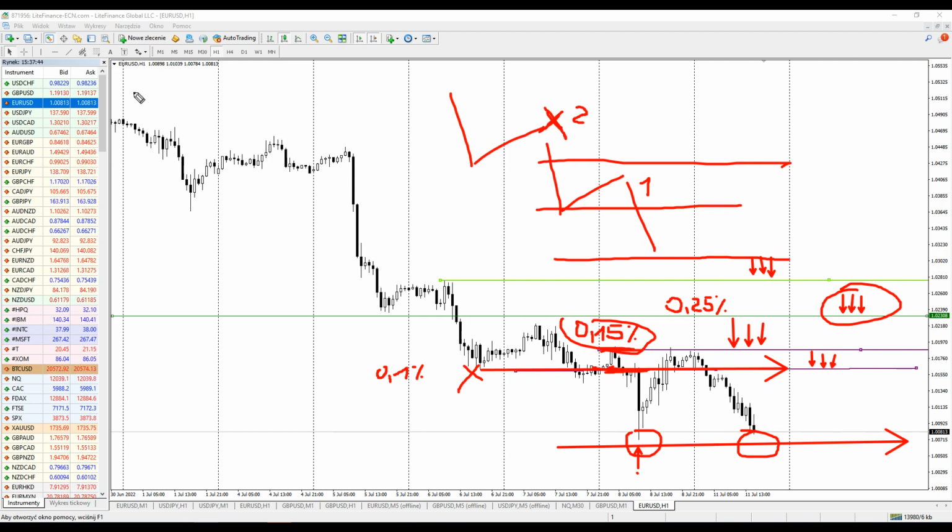But our particular example was based on the 1 hour chart, so we've checked the daily chart, it moved to the downside, and then we placed the first line based on the daily chart, then we moved lower, we were looking for the levels based on the price action on the 4 hour chart, and finally on the 1 hour chart.